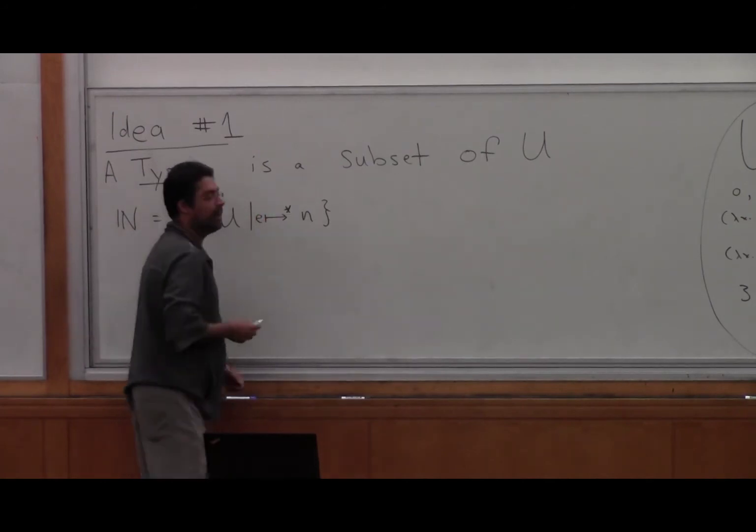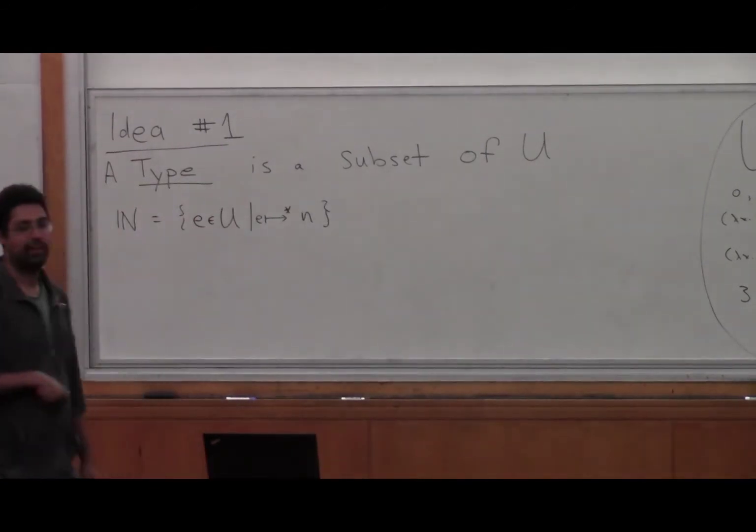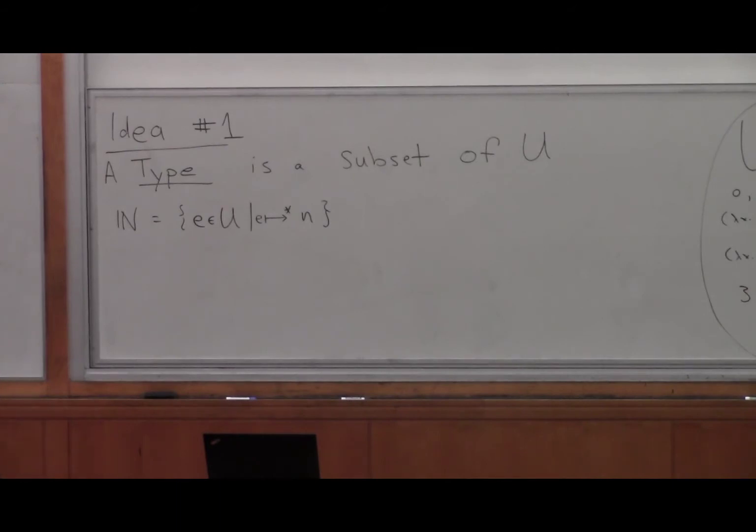Maybe even it'll evaluate to a number in some number of steps. So we might say that's what a natural number is. And for the natural numbers, that'll actually work pretty well.